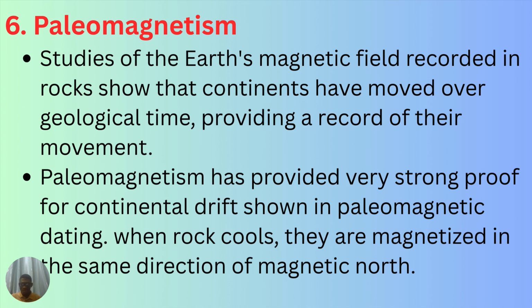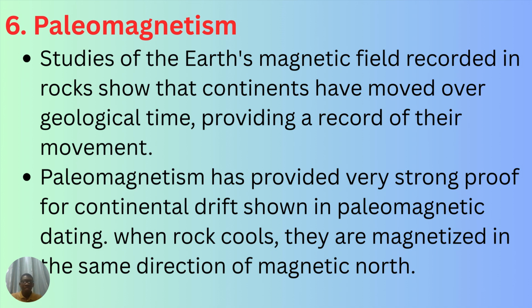As shown in paleomagnetic dating, it is explained that when rocks cool, they are magnetized in the direction of magnetic north. And paleomagnetic dating shows that all the rocks about 200 million years ago have been shifting from their original position toward the direction of magnetic north.